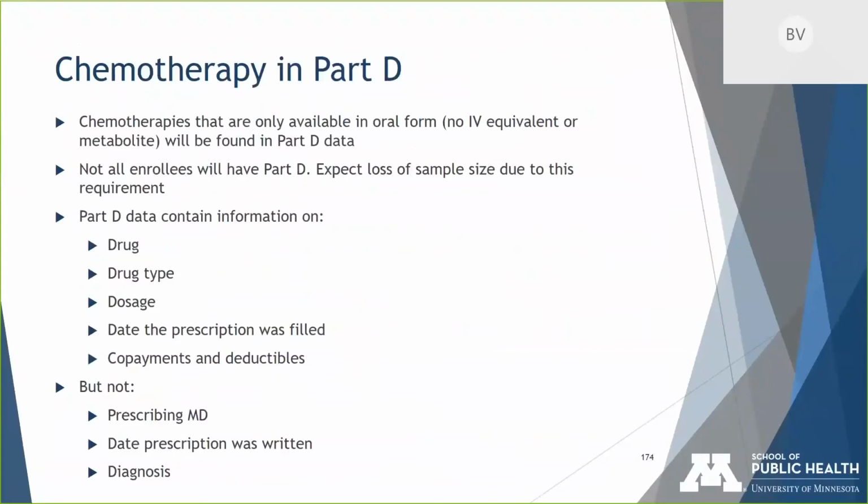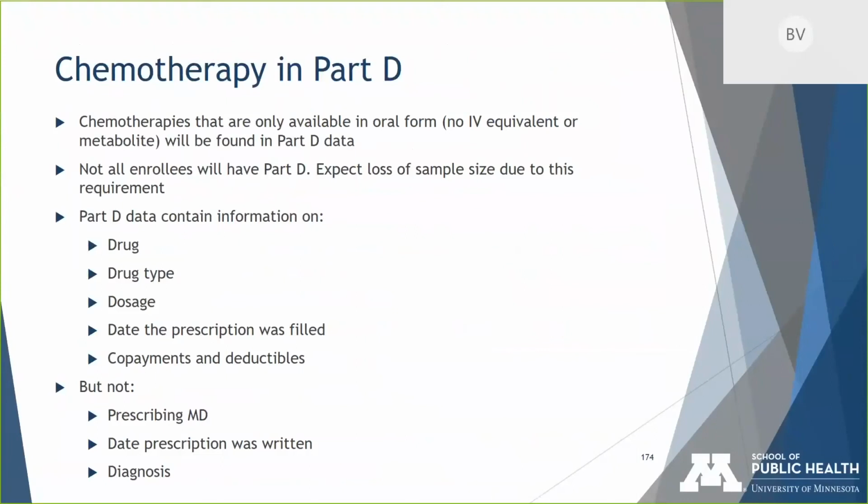If you are specifically looking at chemotherapy in Part D, let's just review quickly what information is available and how it will appear. As I mentioned before, only chemotherapies that are available in an oral form, so those that do not have an IV equivalent, are found in the Part D data.